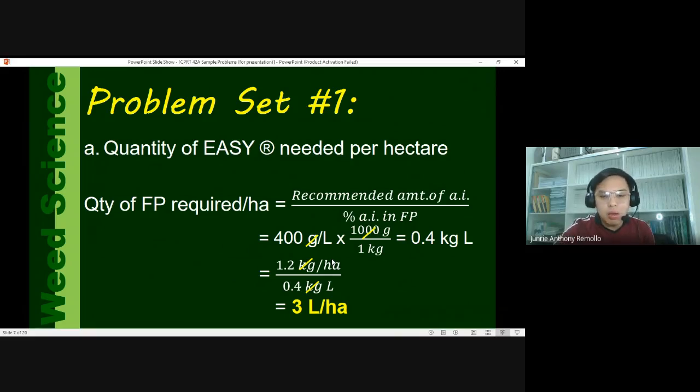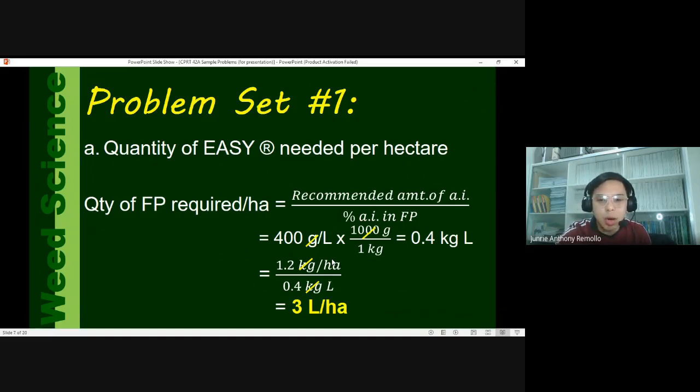So we need to convert 400 grams into 1 kilogram. In order to convert, we multiply 400 grams, based on the slide, by 1,000 grams divided by 1 kilogram, because in a kilogram there are 1,000 grams, which will result in 0.4 kilogram per liter.